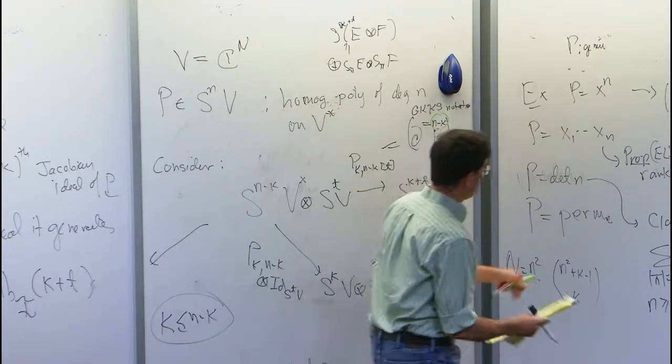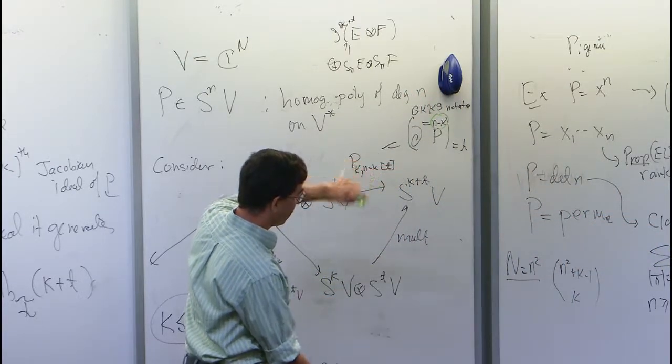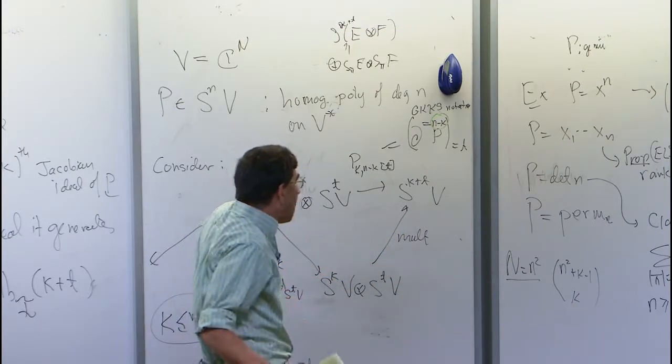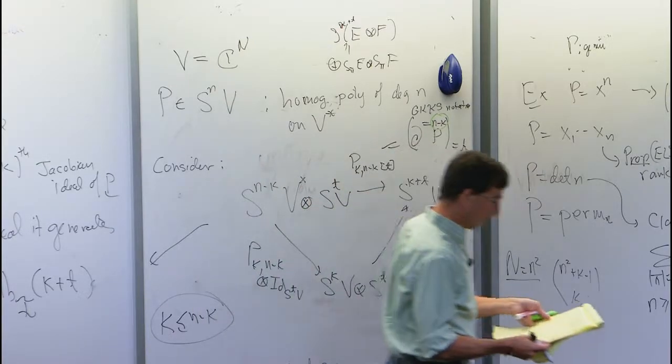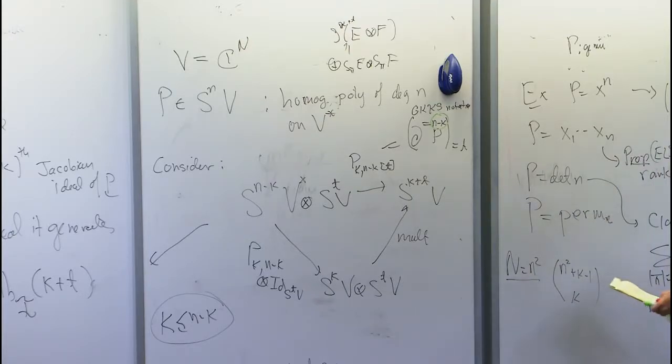And the ones that are in the ideal are the ones where the number of rows of the partition, the number of skew symmetries, is k, because you started out with k by k minors. So you have to keep those skew symmetries. You can't get rid of them. So that's nice, but hard to work with.